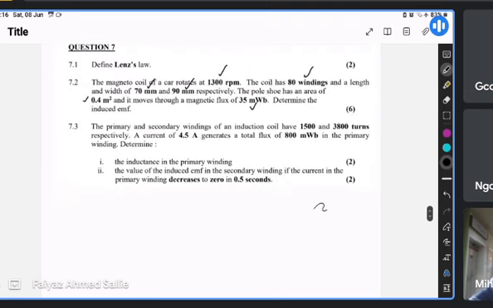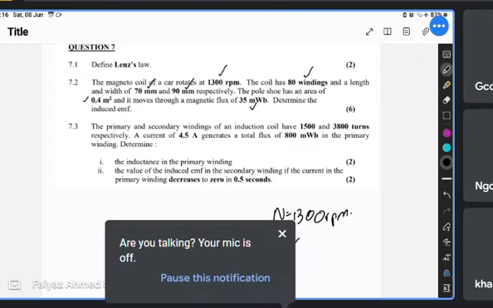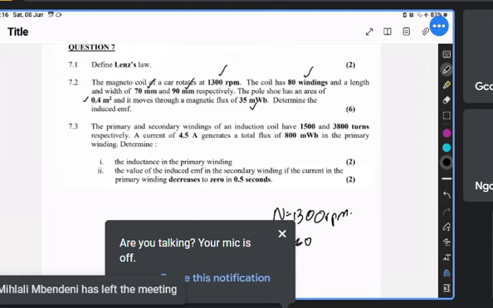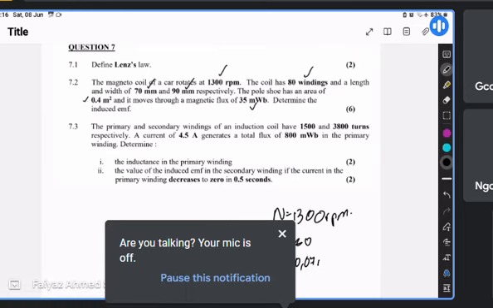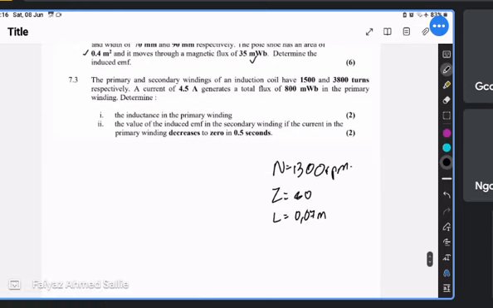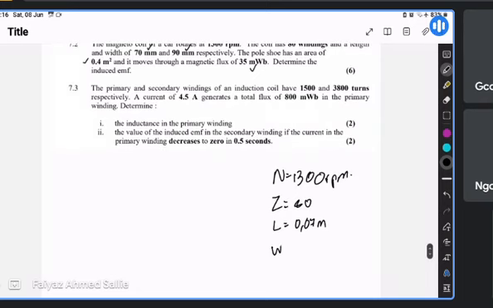So what's given to us is RPM, which is 1300 RPM. The number of windings is 80. The length is 0.07 meters, and the width is going to be 0.09 meters.